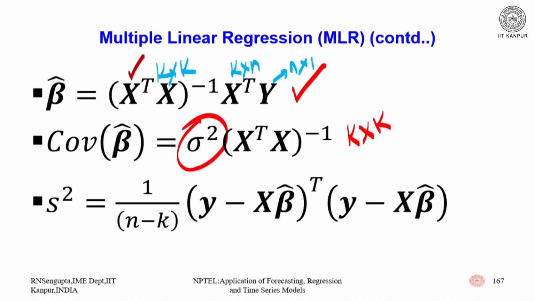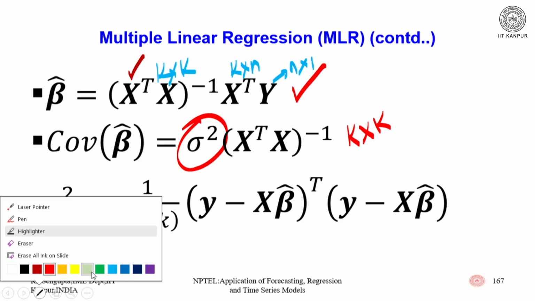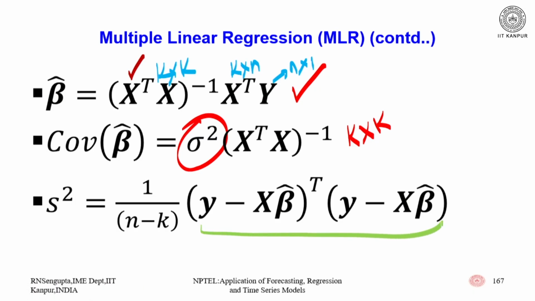And the last term, again repeating, is the standard error square, and it is given by the error sum of squares divided by n minus k. I have explained in detail the concept of n minus k, where n is the sample size and k is the number of independent variables, and it loses degrees of freedom based on the fact that you are utilizing one set, that is x1, to find its mean.